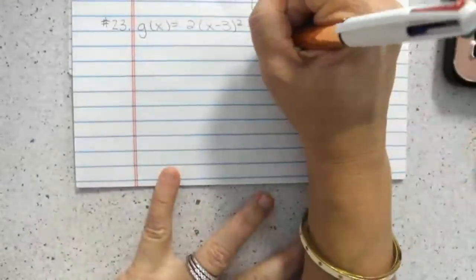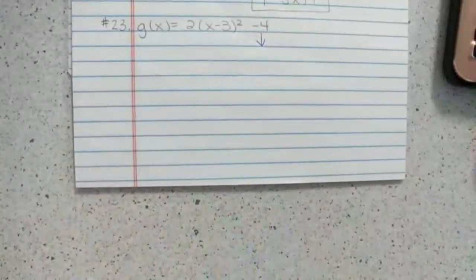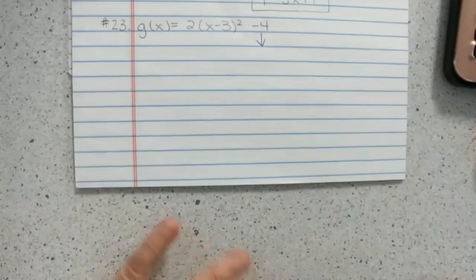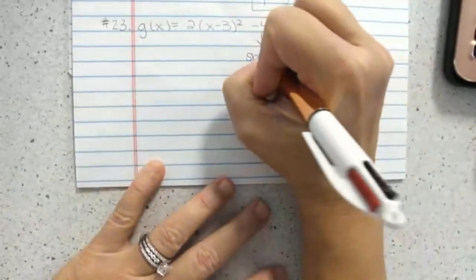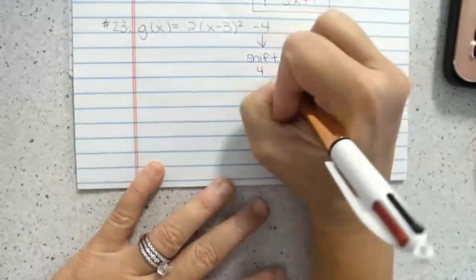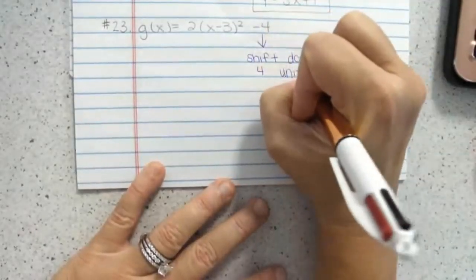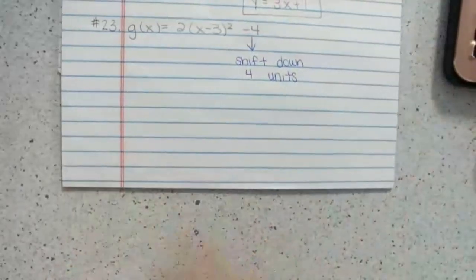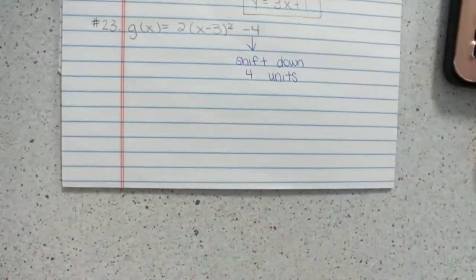It's on the outside, so it's affecting our y values. Y values are up and down, so that means -4 means we're going to shift it down 4 units. So because we're subtracting 4, that means it's going to go down 4 units.